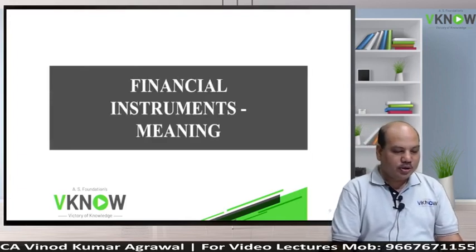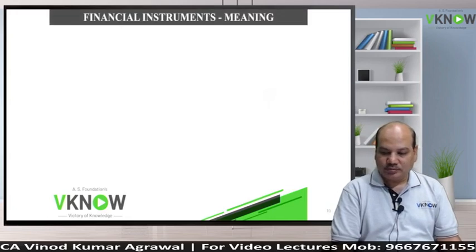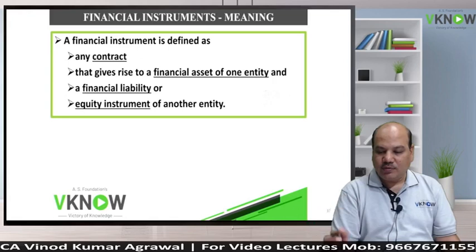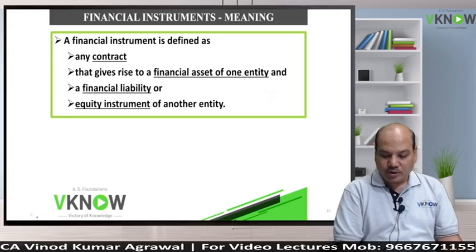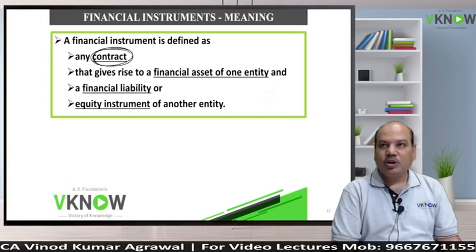The most important thing is understanding the definition of financial instrument for the time being. The name of the standard is financial instrument. Every word is important. A financial instrument is defined as any contract. It has to be a contract, an agreement which is enforceable by law.